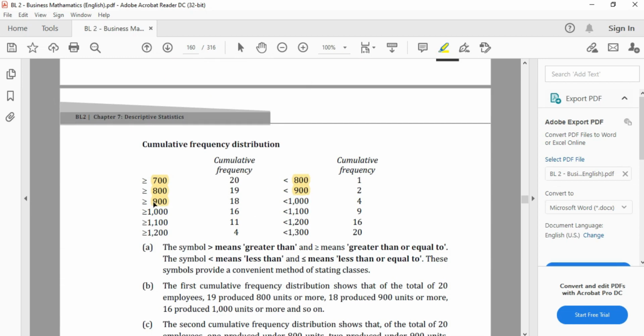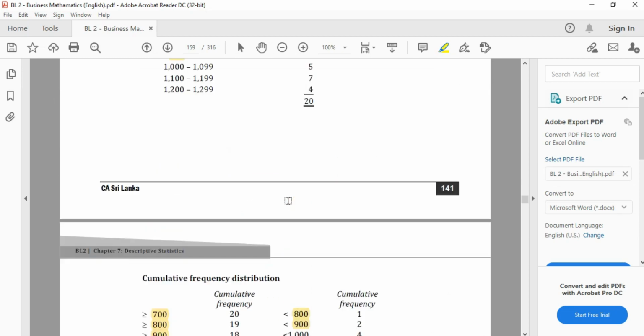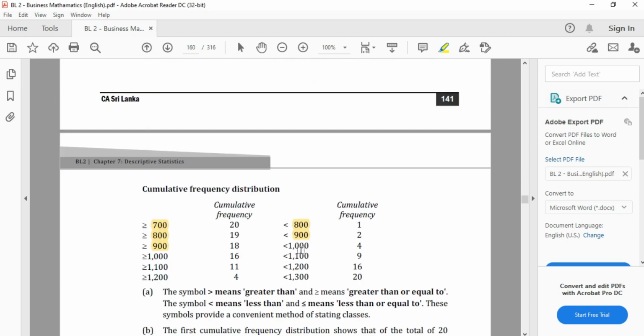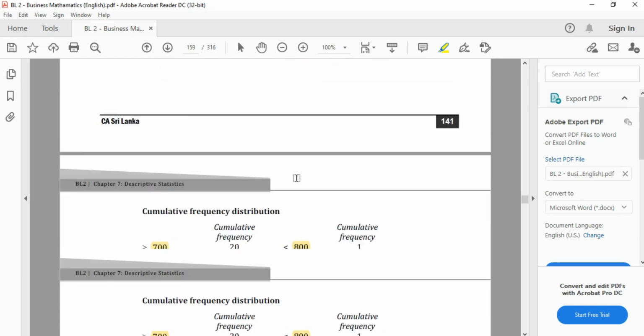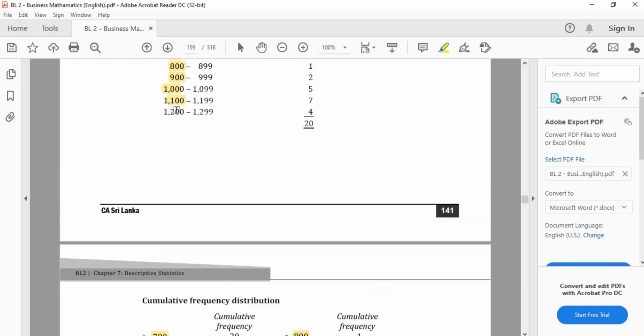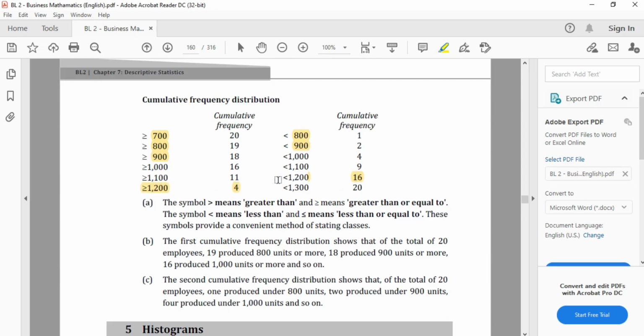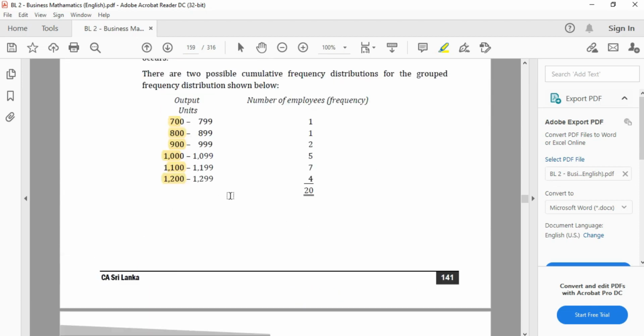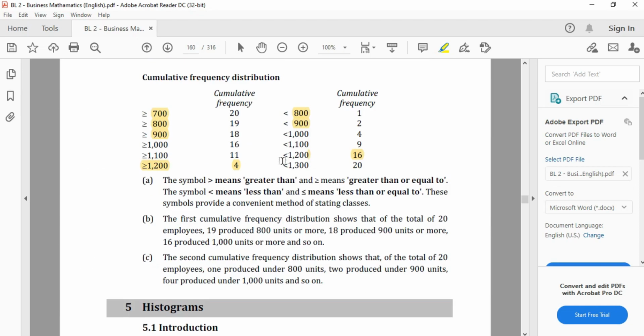Then the third one comes here, and the fourth one's end will be 1000, and fifth one's end 1100, sixth one's end is 1200, and 1300 was not available, but they just mentioned it to complete this line.